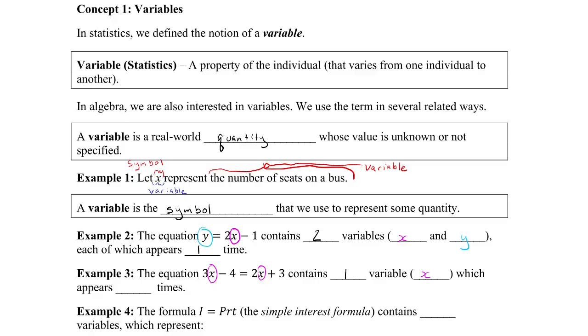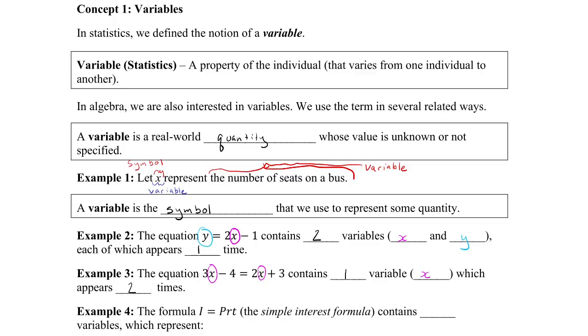So the variable appears two times, but it's the same variable each time. In particular, in the same context, the same variable symbol has to represent the same number. I think in this equation, every time it appears, x represents the number 7. And we'll see how to find that number out a little bit later.